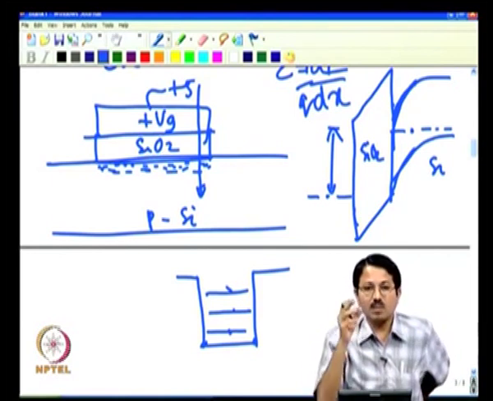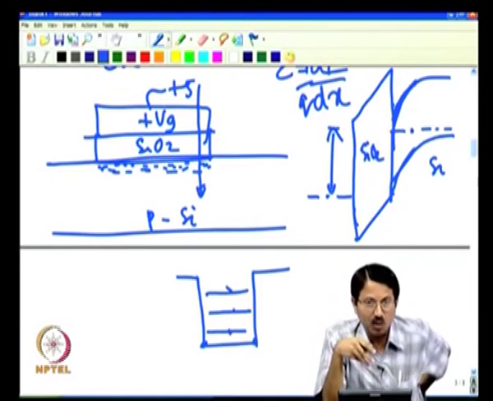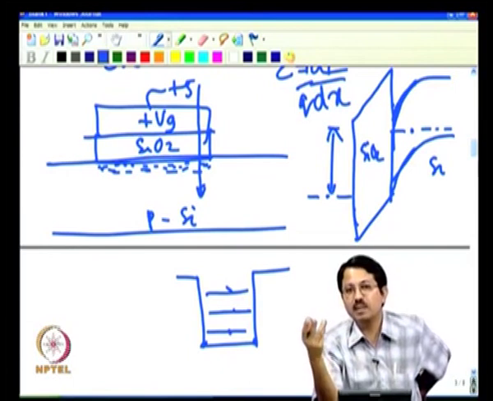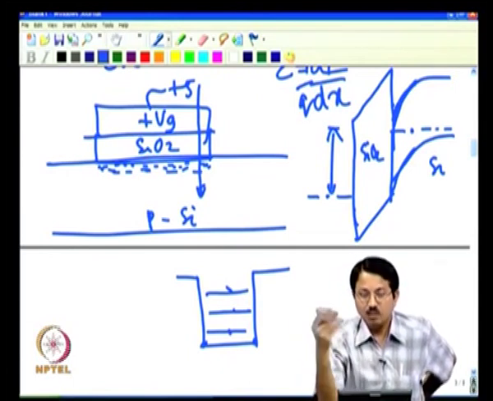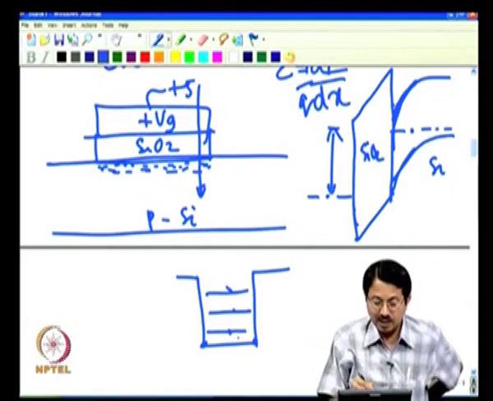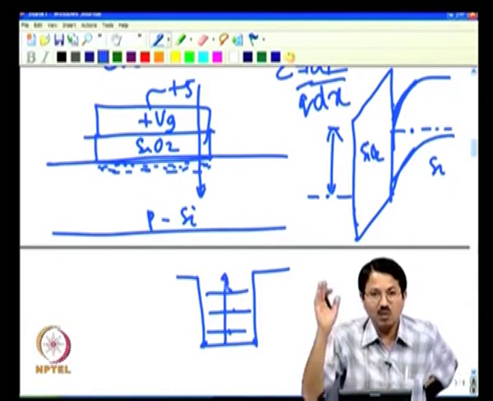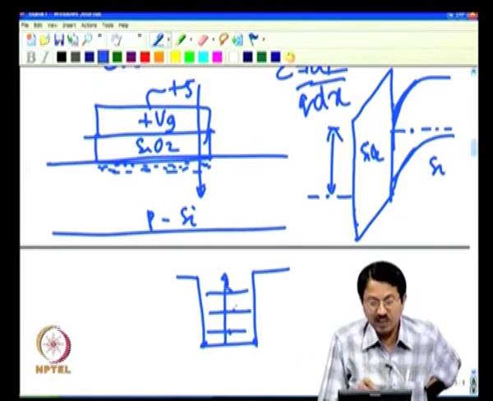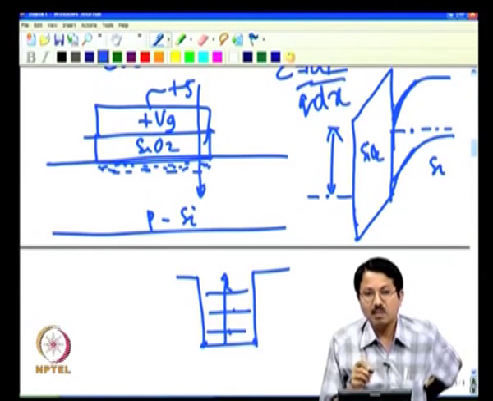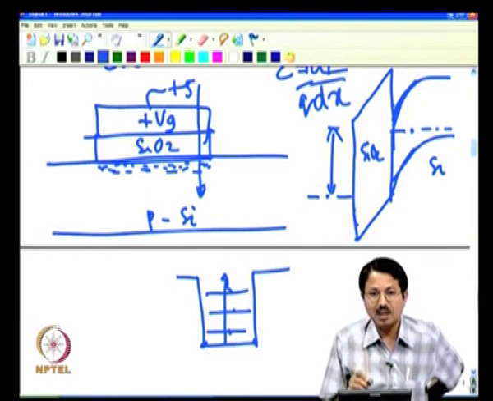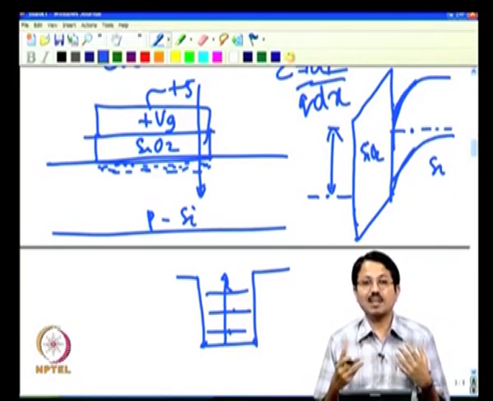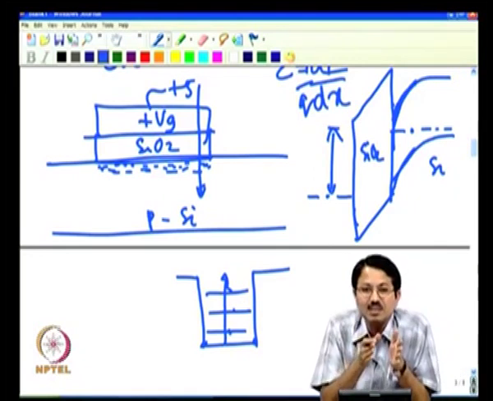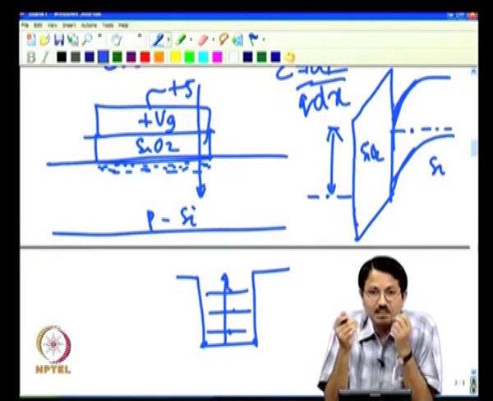Remember the total number of carriers is the probability of occupancy, which is governed by the Fermi-Dirac statistics, multiplied by the number of allowed energy states. And what is happening because of this quantization, earlier any energy was allowed for the electrons, now there are only fixed energy levels that electron can take, and hence this is a phenomenon that is called inversion charge quantization or channel charge quantization, which reflects as if your threshold voltage of the transistor increases effectively.